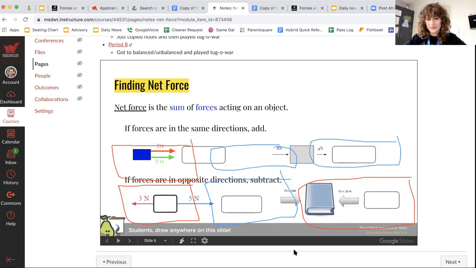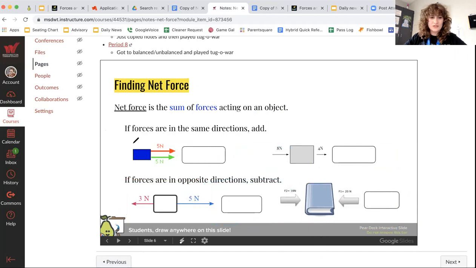Okay, so let me get rid of that. Net force is the sum of forces acting on an object. If forces are in the same direction, you add them. So 5 to the right plus 5 to the right gives us 10 newtons.